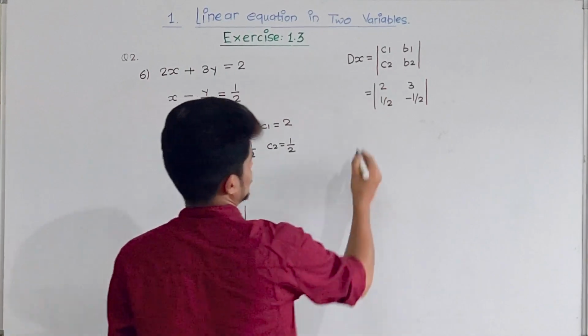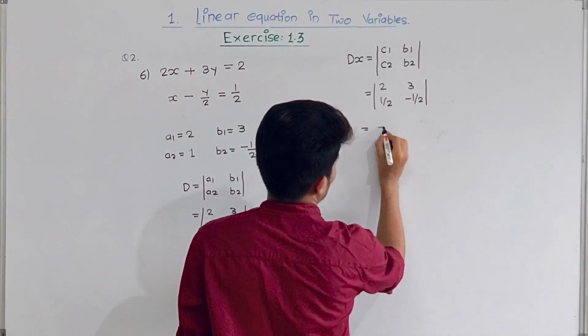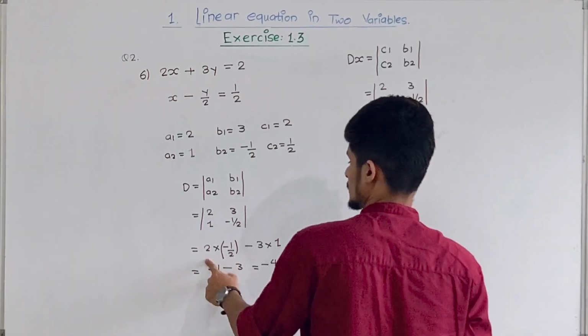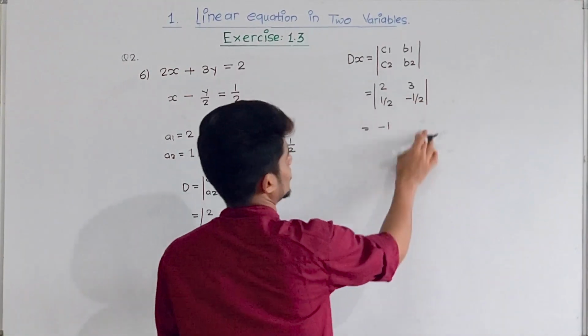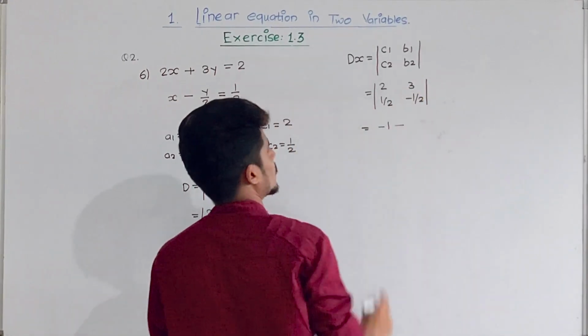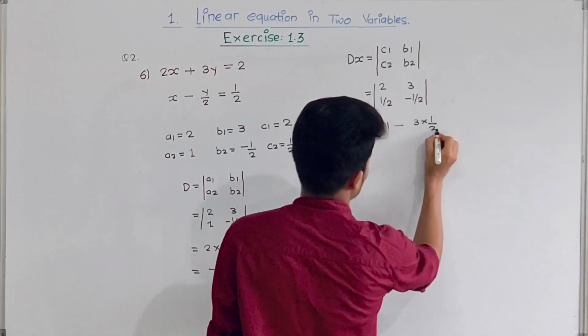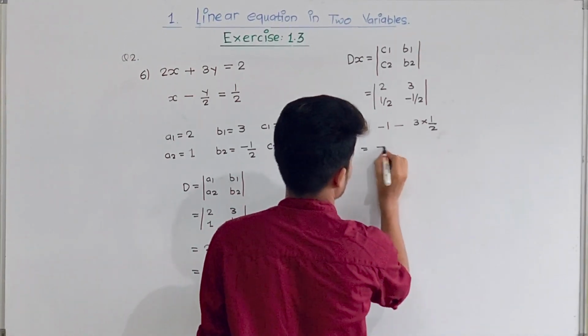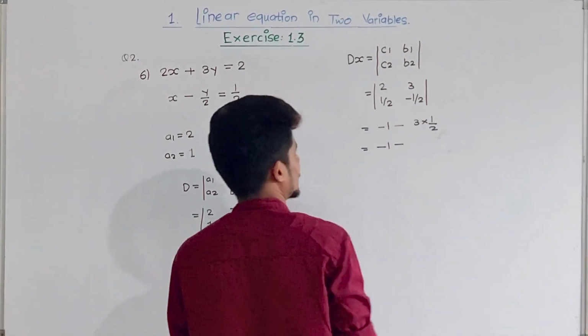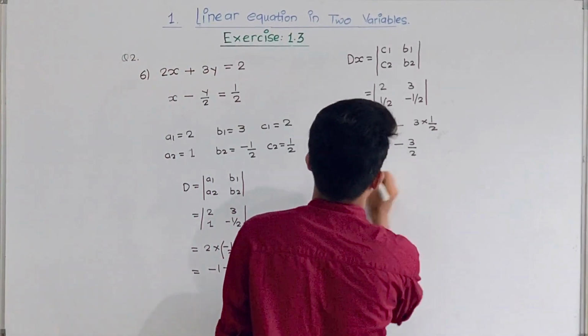Cross multiply and subtract. 2 into minus half is minus 1. We have just seen here 2 into minus half is minus 1, minus 3 into half is 3 by 2.